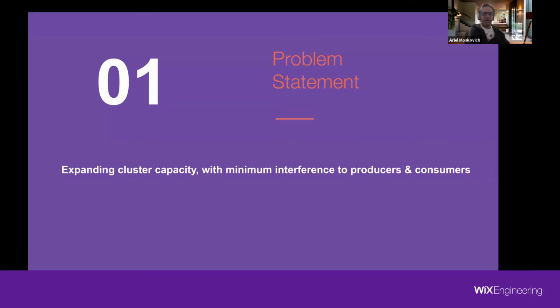When we have a cluster that is in production and has high throughput, and we want to increase it and add more capacity to it, by definition, if we add more load to it, we want to minimize the extra load that we will involve in that process in order to not push it down the cliff.